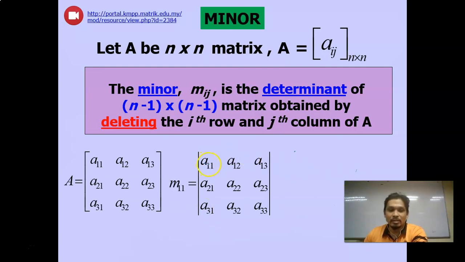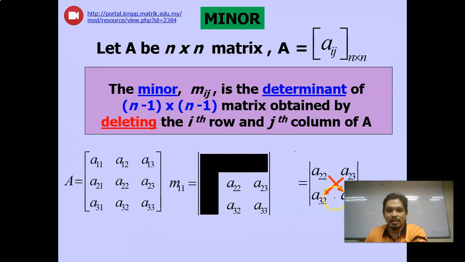So we find the minor of A11 until the minor of A33. We delete the ith row and jth column, so this is left. Then we cross multiply: A22 times A33 minus A23 multiplied with A32.